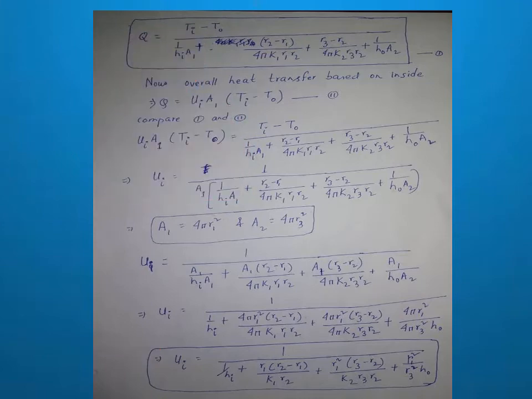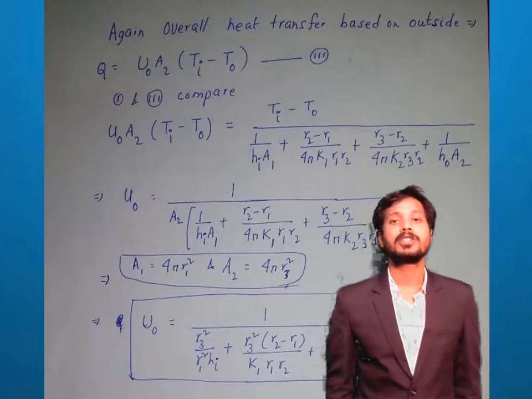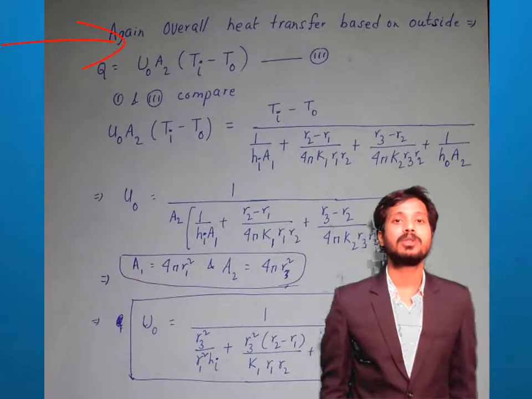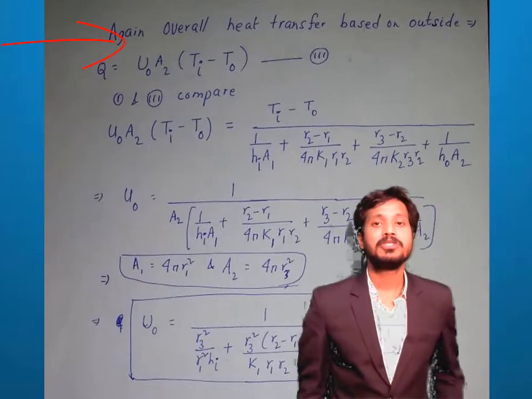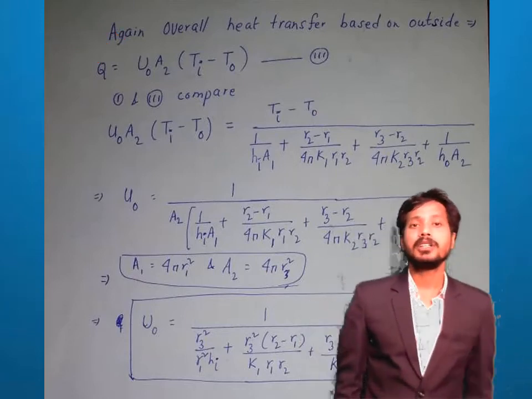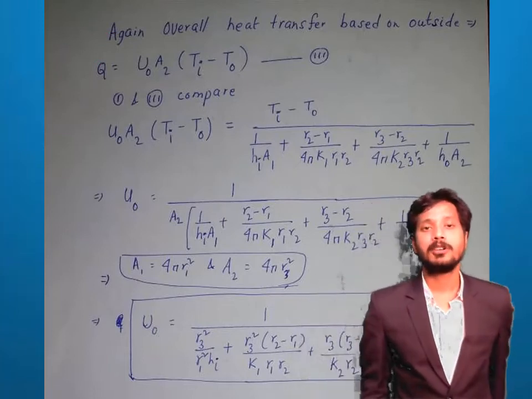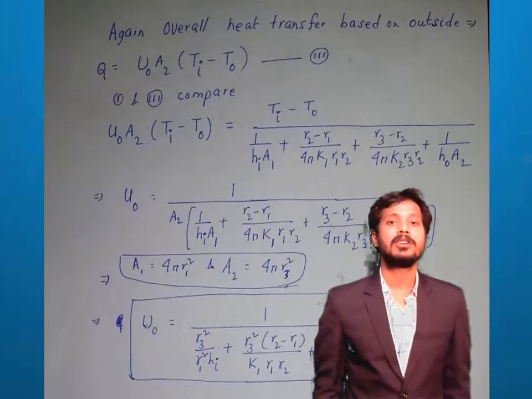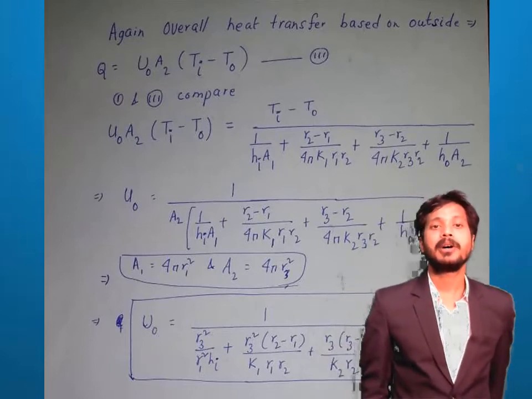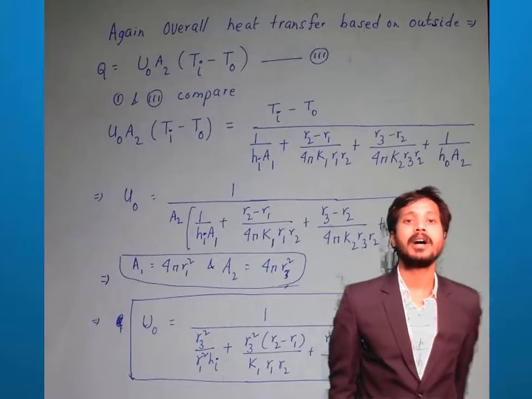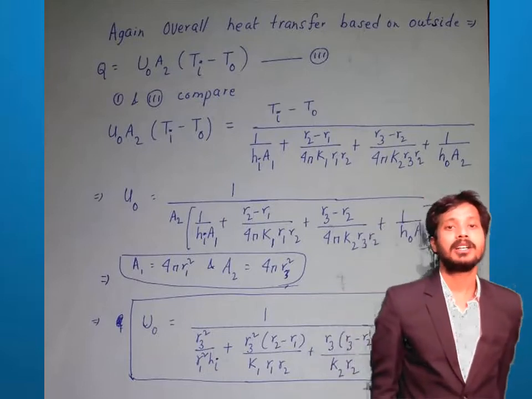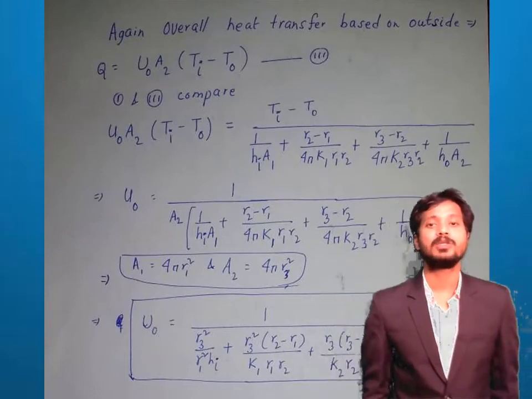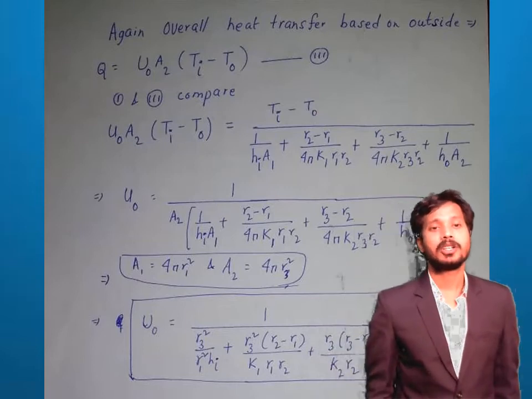In the same way, if we want to calculate the overall heat transfer coefficient based on outside, then we can write Q equals U naught into A2 into Ti minus T naught. If we compare this with the overall heat transfer of the composite sphere, then U naught into A2 into Ti minus T naught equals Ti minus T naught divided by 1 by Hi A1 plus R2 minus R1 by 4 pi K1 R1 R2 plus R3 minus R2 by 4 pi K2 R3 R2 plus 1 by H naught A2.